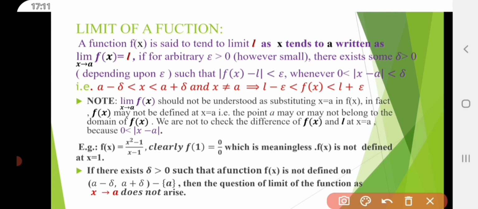For example, f of x equal to x square minus 1 whole divided by x minus 1. Clearly, f of 1 is equal to 0 by 0, which is meaningless. That means f of x is not defined at x equal to 1.